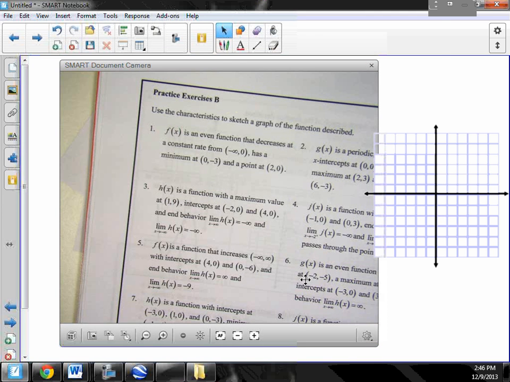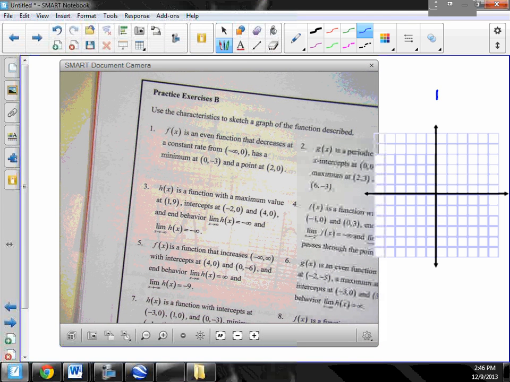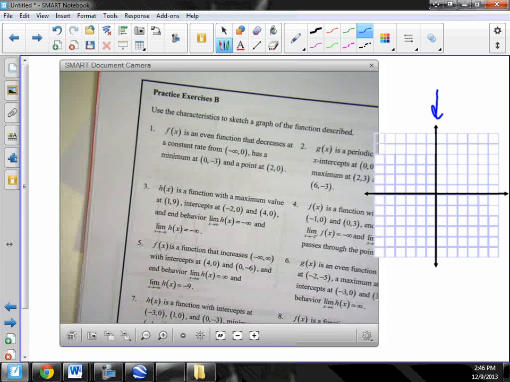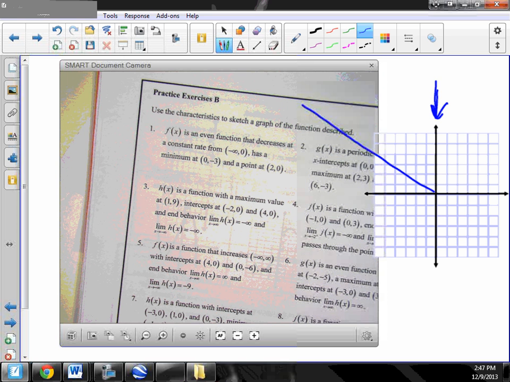to fold it across the y-axis. Linear. From negative infinity to this mark, it's going down, like that.